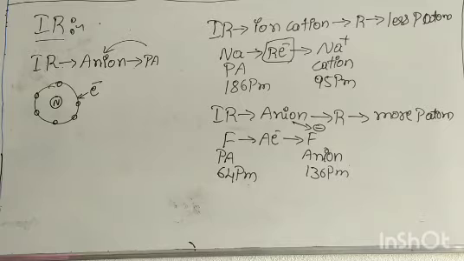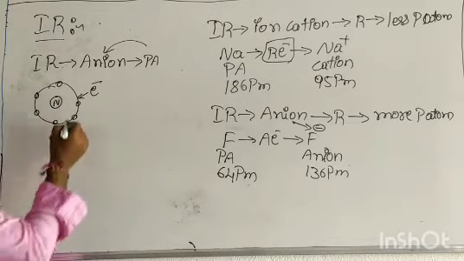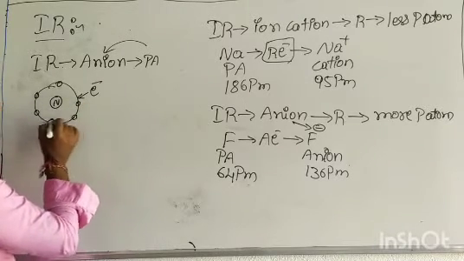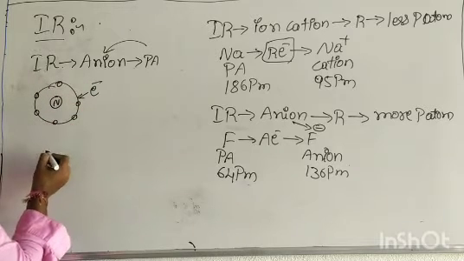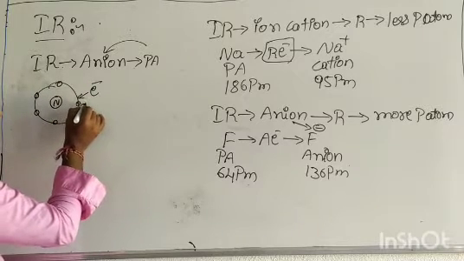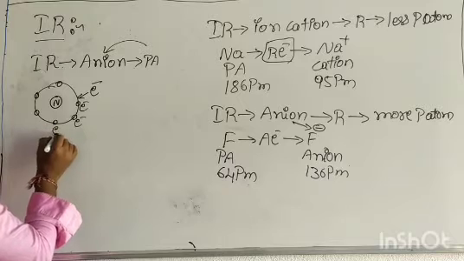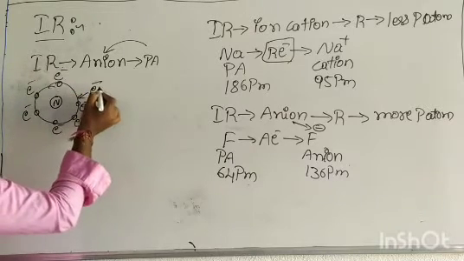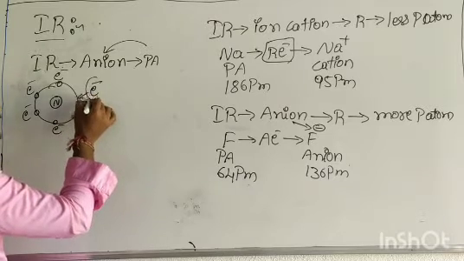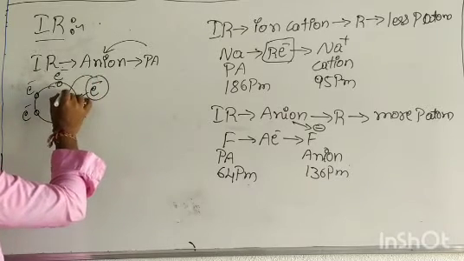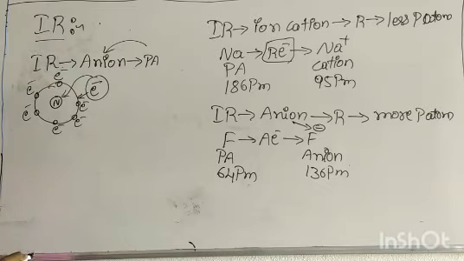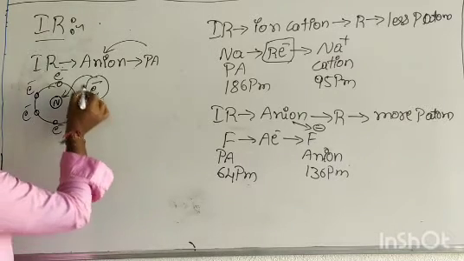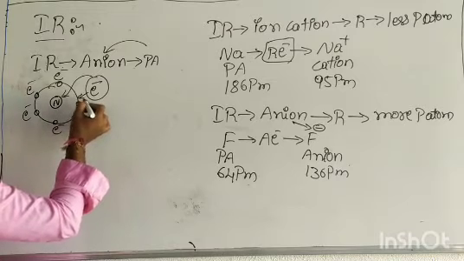There is already a presence of many electrons in the atom, and each electron is negatively charged, and you are adding one more electron to develop negative charge on the atom.